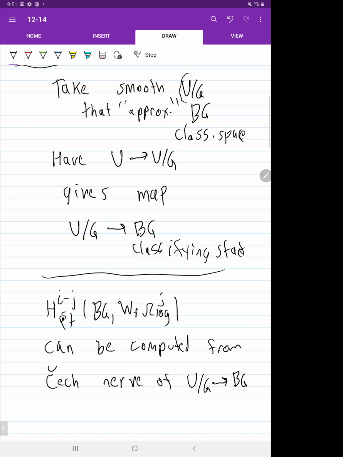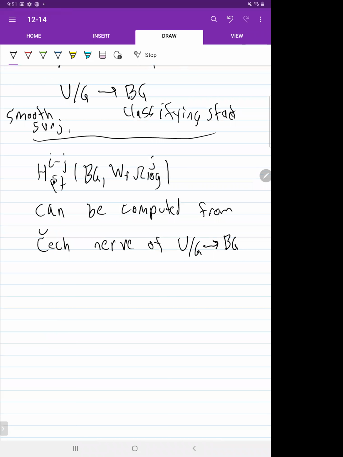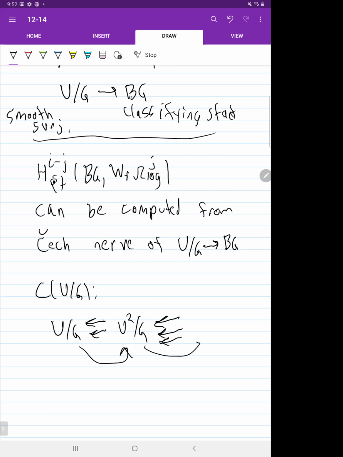So this is using that this is smooth and surjective, a map from a scheme to a stack. The Čech nerve is given by the following simplicial scheme: just U mod G and then U squared over G and so on.